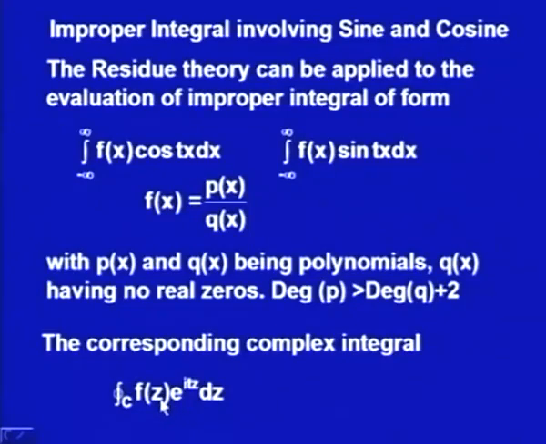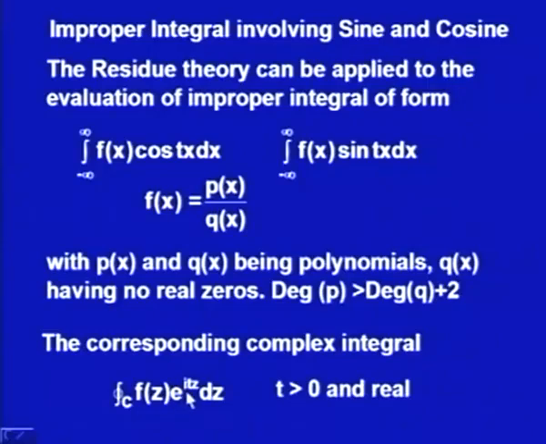And again, as in the previous theory, we use the Cauchy principal value and show that this ranges to the integral from minus infinity to plus infinity of f(x) e^(itx) dx. So, let us see how we are going to do this.